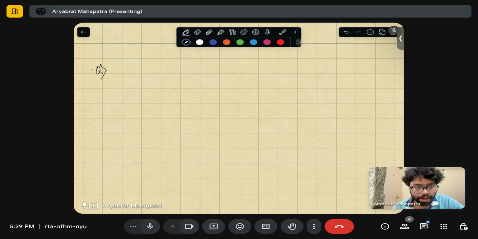There are more books like Sakurai and Cohen-Tannoudji, which are a bit advanced. Also there is a book by R. Shankar, which is also nice, but at some point things get a bit complicated. That is also a very nice book to follow. But I would suggest let's start with Griffiths and Zettili.